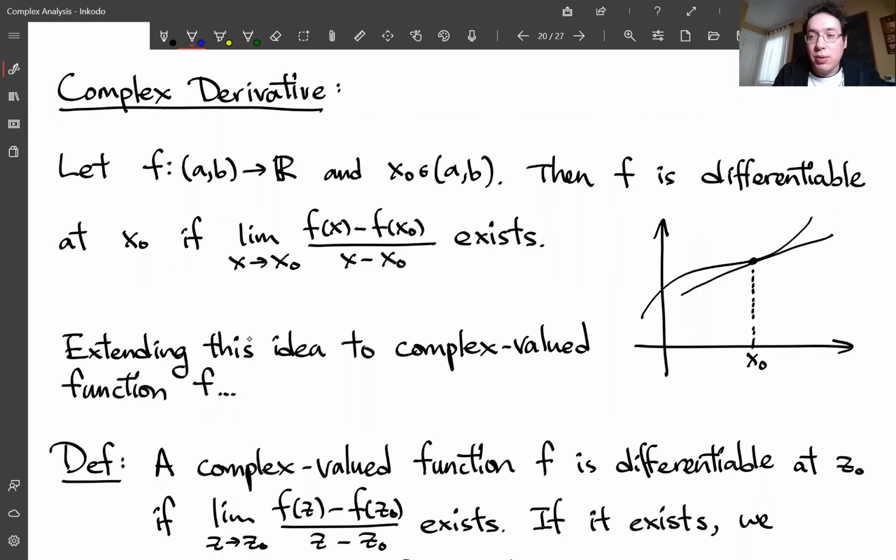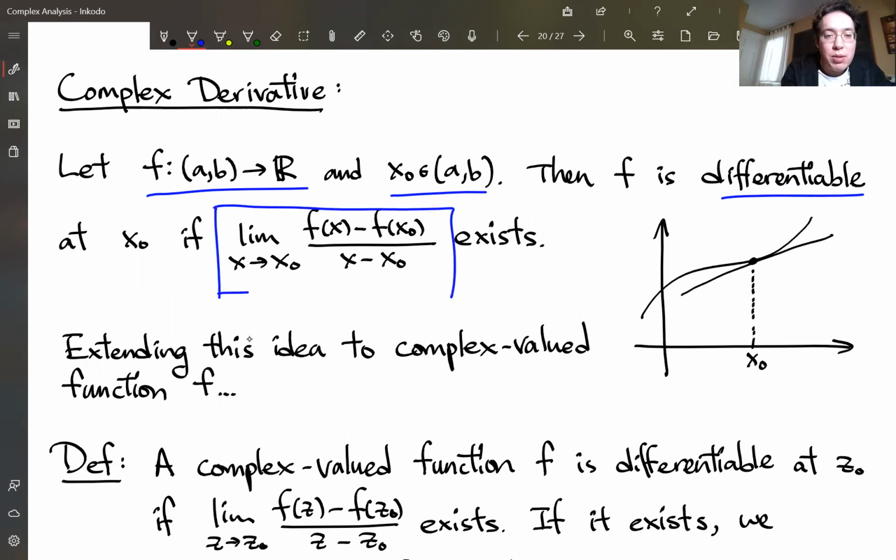Okay. So starting with just a review of what real differentiation is like. Suppose we have a function f, and let's pick a point x naught in some open interval. We say f is differentiable if this limit, the limit of the difference quotient, exists.